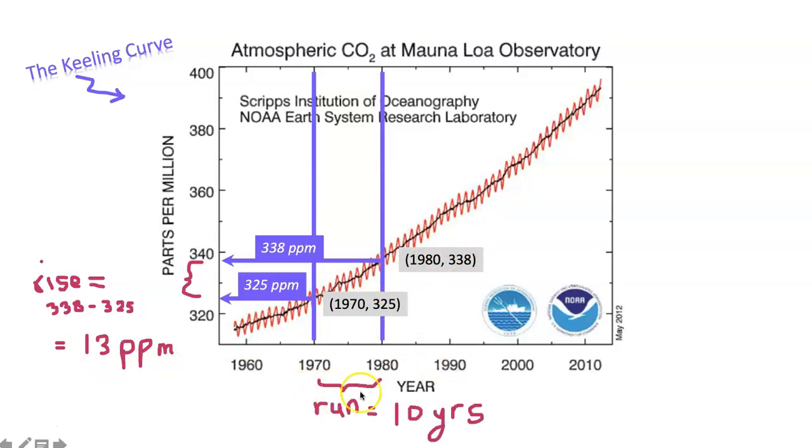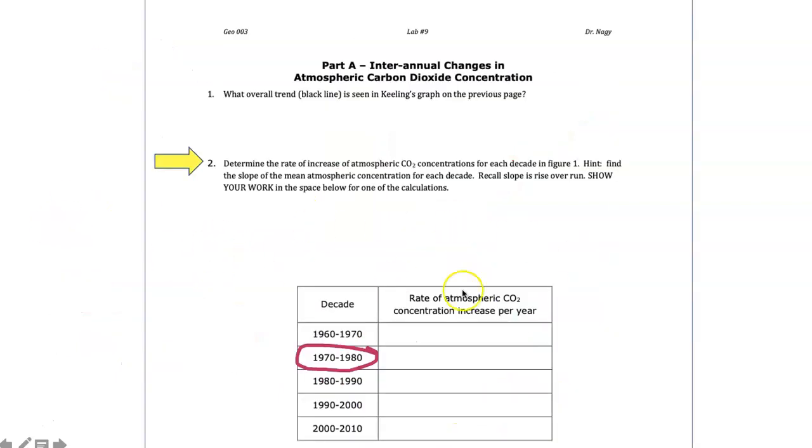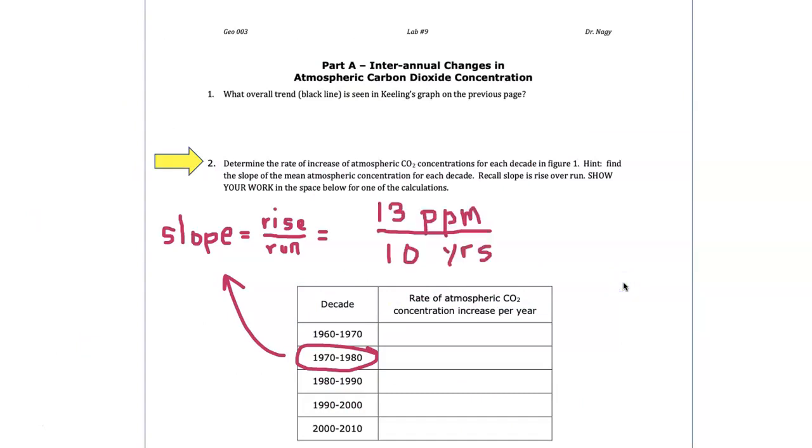The run is the difference of the x's, which is 1980 minus 1970, which is 10 years. Back to my example calculation here. The slope is the rise over the run, which for the decade I just did was 13 parts per million over 10 years, which is 1.3 parts per million per year. So I'm going to put 1.3 in there.